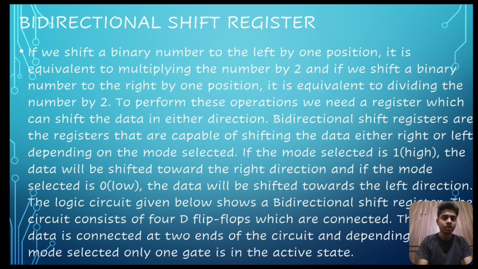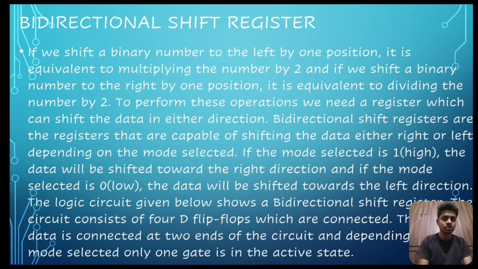Bidirectional shift register. If we shift a binary number to the left by one position, it is equivalent to multiplying the number by 2. And if we shift a binary number to the right by one position, it is equivalent to dividing the number by 2. To perform these operations, we need a register which can shift the data in either direction.